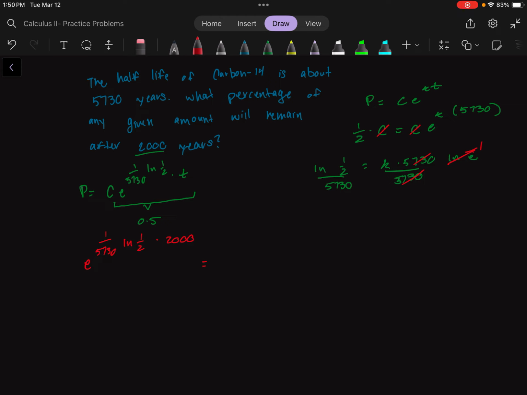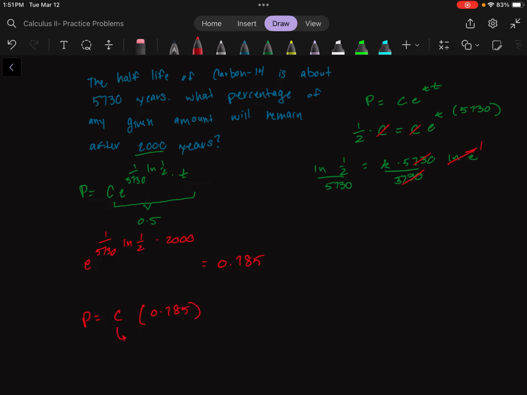When you plug that into a calculator, let's see what we get. We have e to the 2,000 divided by 5730 all times ln of 1/2. And the answer we get is about 0.785. So what that means is that P equals C times 0.785.